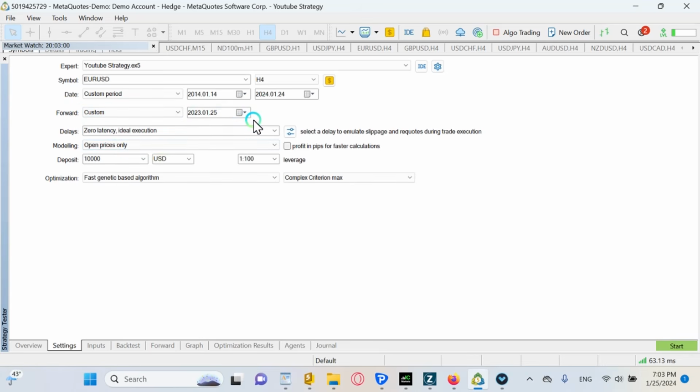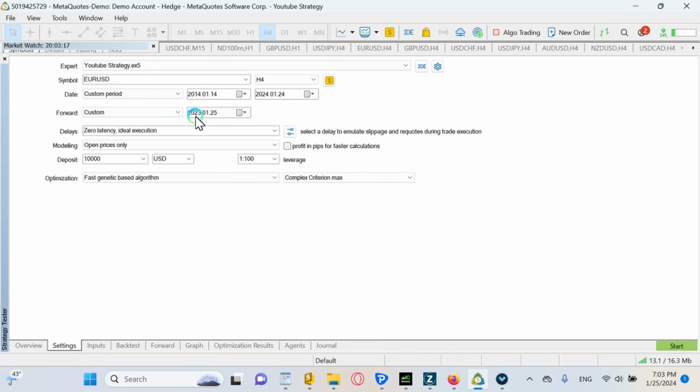So for example, now we are going to test or optimize the EA for 10 years, but for the last year the EA won't be optimized.